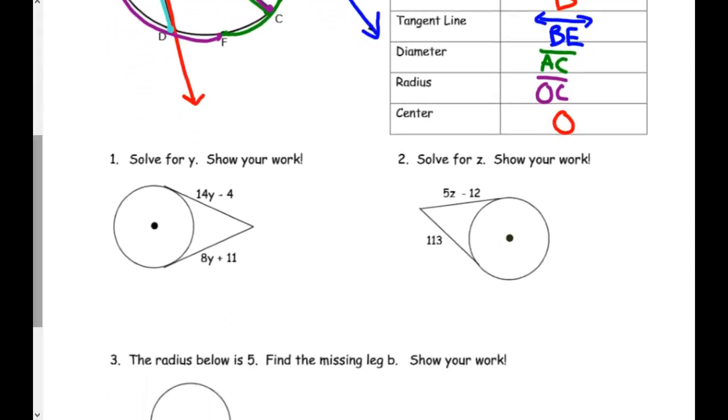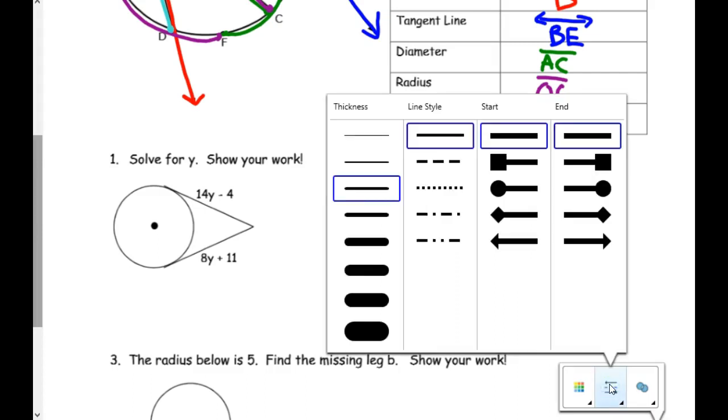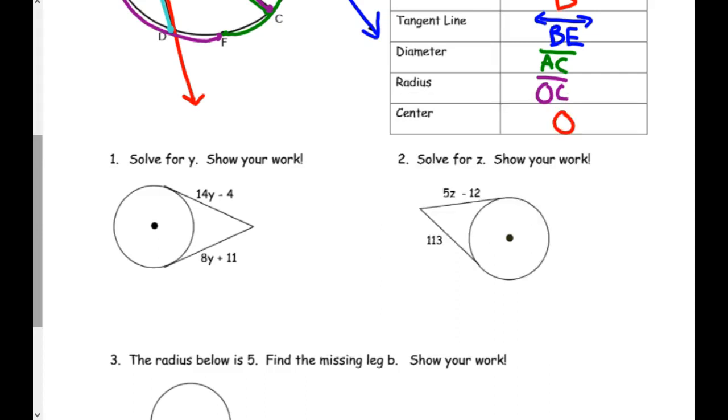Alright, let's knock these out. These are tangent lines that intersect at a point. This was from our first assignment, and it was also on our quiz. We know those are going to be congruent, so we set these measurements equal. 14y minus 4 equals 8y plus 11.